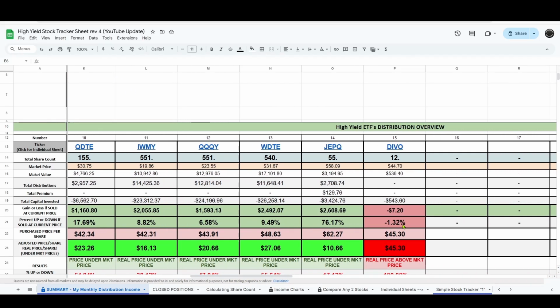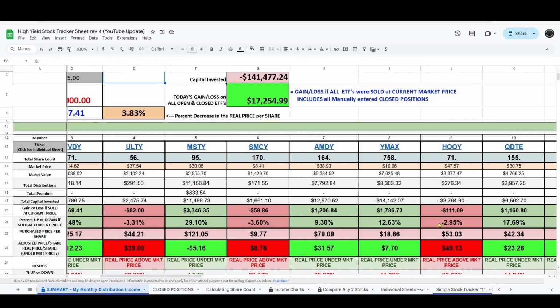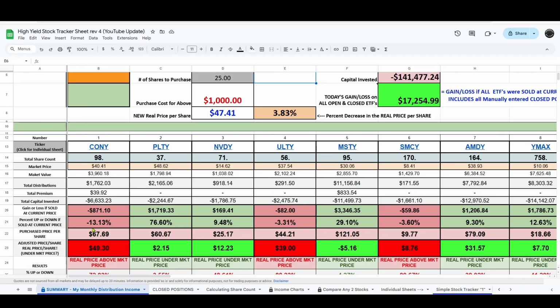Because the ones that I am down on, I'm only down 1.3% on DIVO, 2.95% on HUI, 3.6% on SMCY, 3.31% on ALTI, and of course the big one that I'm down on is CONY at 13%. So overall, sitting pretty nice, right?